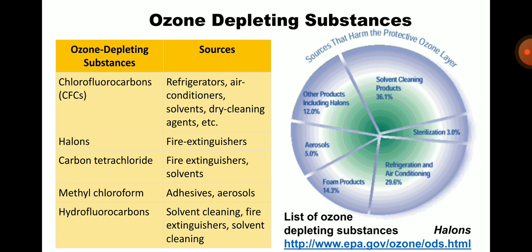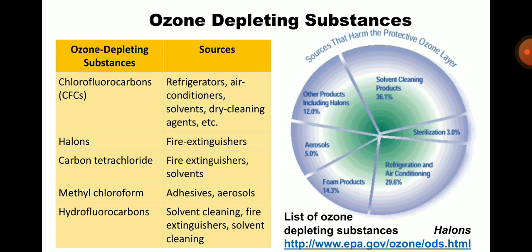Chlorofluorocarbons come from refrigerators, air conditioners, solvents, dry cleaning agents, etc. Halons are released from fire extinguishers, and carbon tetrachloride from fire extinguishers and solvents. Methyl chloroform is released from adhesives and aerosols, and hydrofluorocarbons come from solvent cleaning and fire extinguishers.